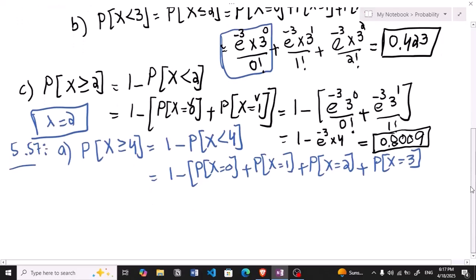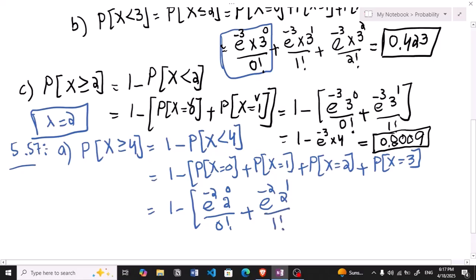So it would be 1 minus exponential of -2 raised to power 0 divided by 0 factorial plus exponential of -2 raised to power 1 divided by 1 factorial plus exponential of -2 raised to power 2 divided by 2 factorial plus exponential of -2 raised to power 3 divided by 3 factorial.